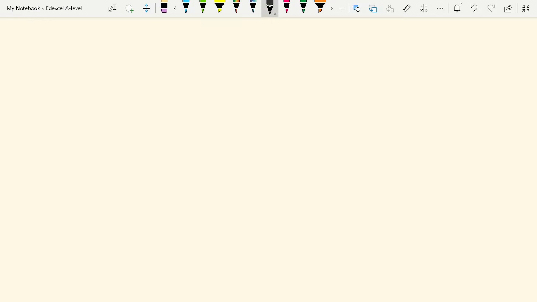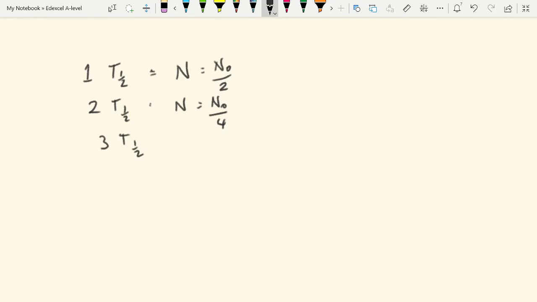Interesting derivation number 2, if you think after one half-life, we know that N is equal to N0 over 2. After 2 half-lives, we know that N is equal to N0 over 4. And 3 half-lives, N0 over 8, and so on.